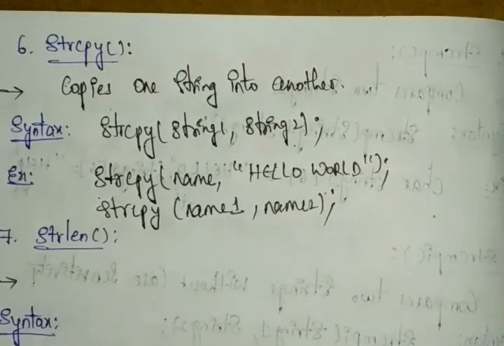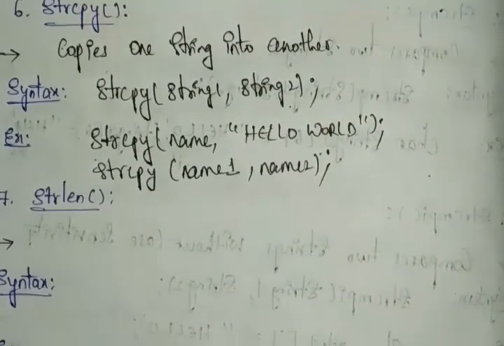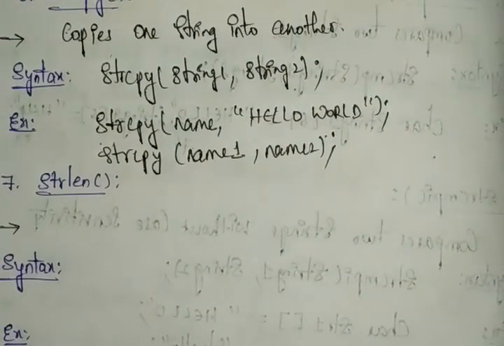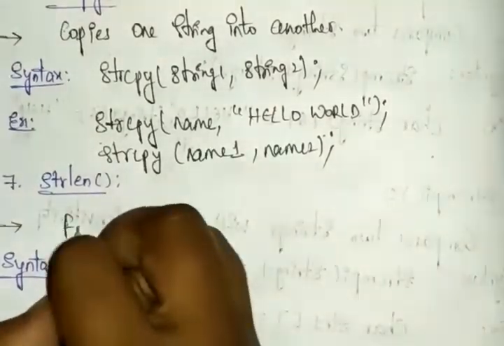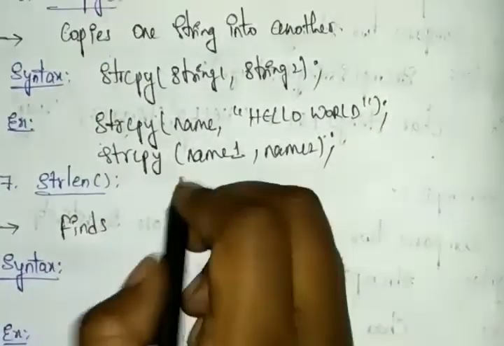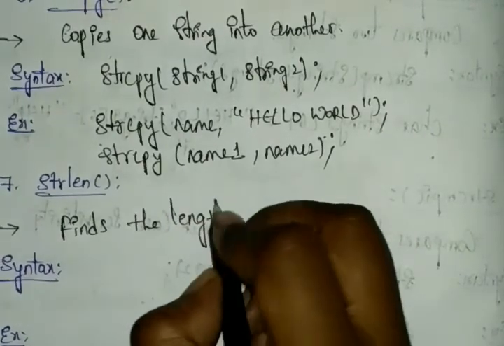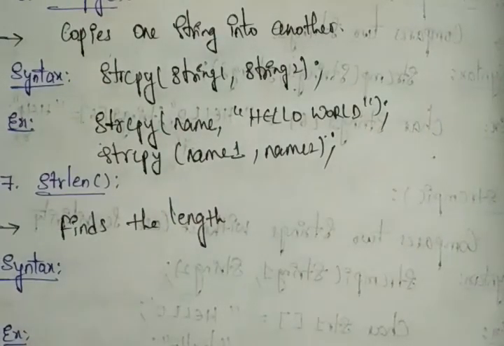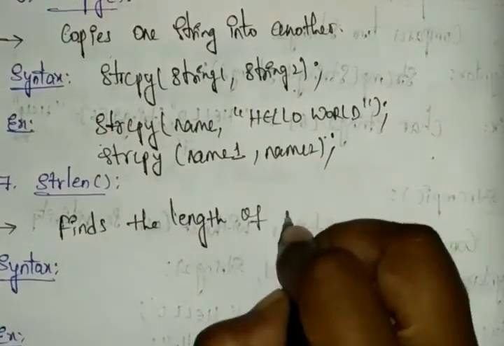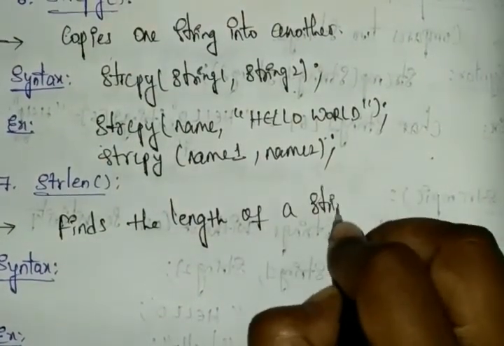At last here we have strlen, string length. By using this we can find the length of the string. Whatever word you are writing, how many characters do we have, right? Suppose you write hello, that will have 5 characters.